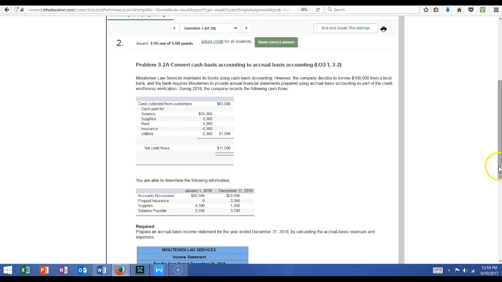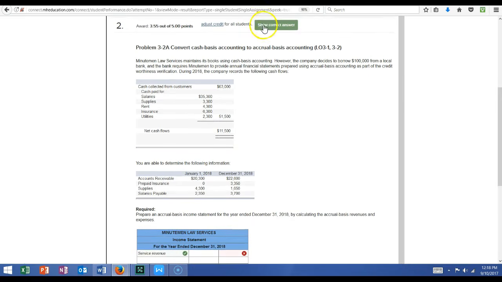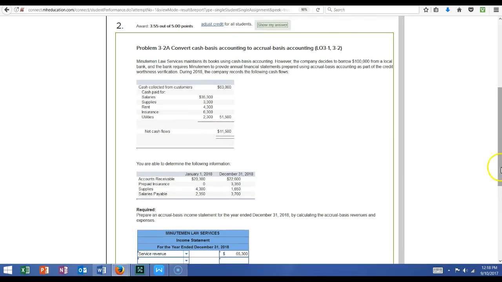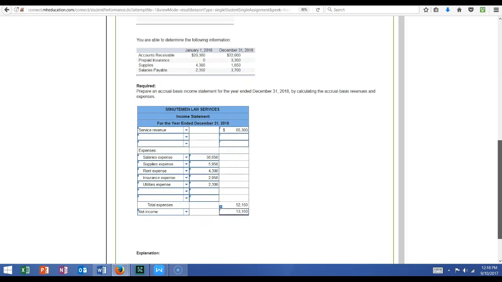So an easy way to look at this is to say what we need to show as revenue is the $22,600 plus the $63,000 in cash minus the $20,300 gives us our accrual basis of revenue of $65,300.